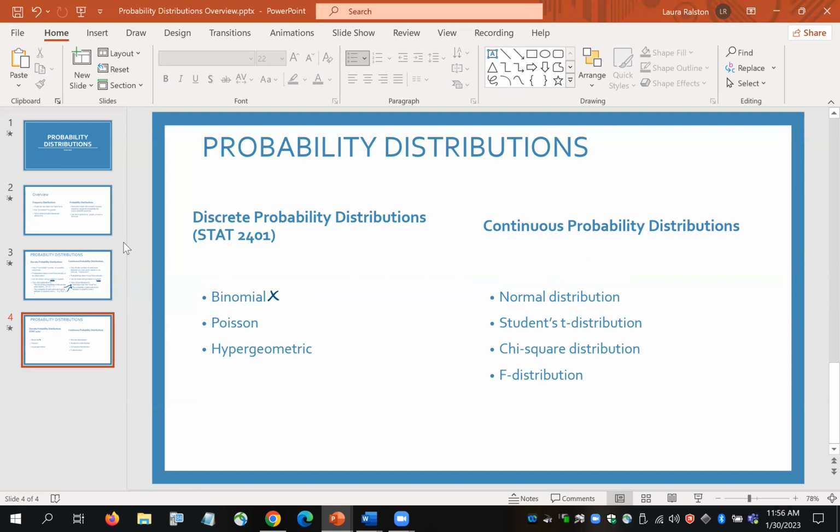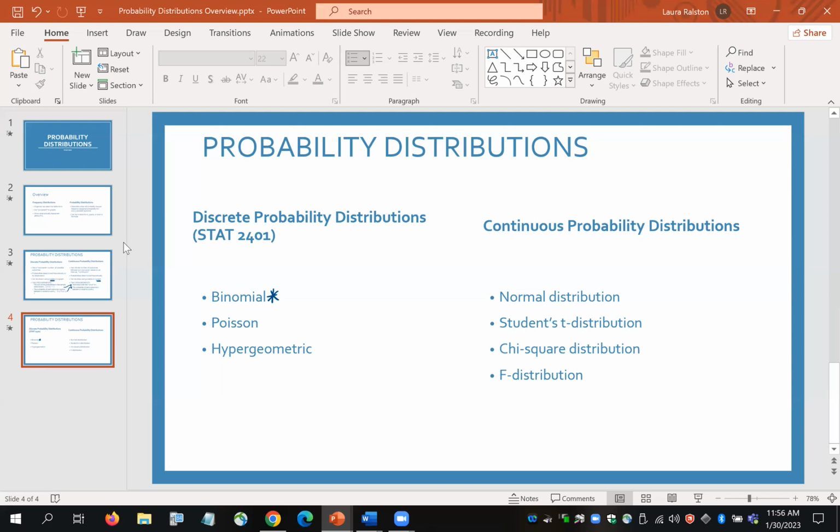Normally, we discuss the binomial probability distribution, but I have elected not to do that because of the time constraint. Some other discrete probability distributions are called the Poisson and the hypergeometric. Should you choose to take Stat 2401, which is the course that I'm teaching the second 8 weeks, we do actually spend some time talking about those.